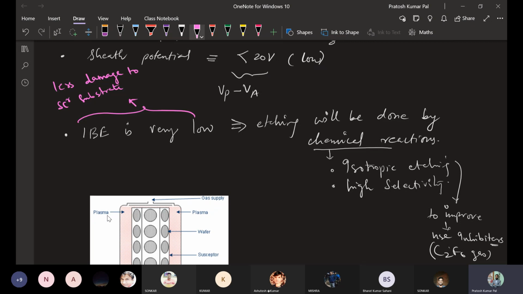Okay, so this is all about plasma etching.